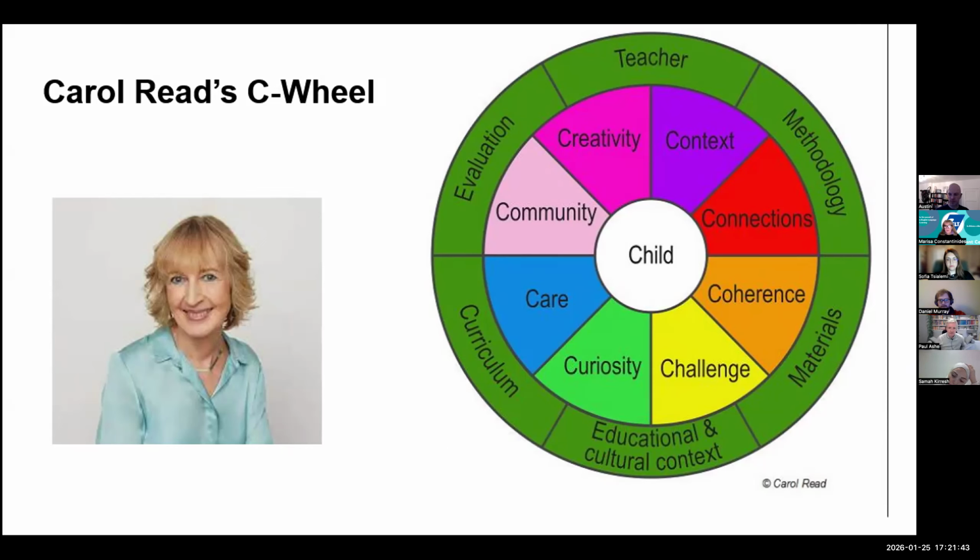And how does it work? Well, it's basically making sure when you're putting together an activity or a course book or whole projects, that it includes the wheel. It includes as much of this as possible, if not all. It should, but obviously you're influenced by all the other elements as well.